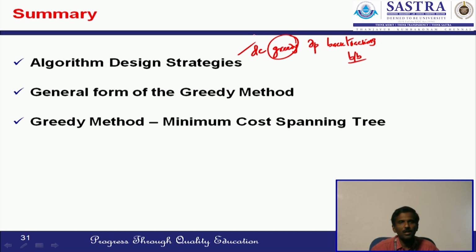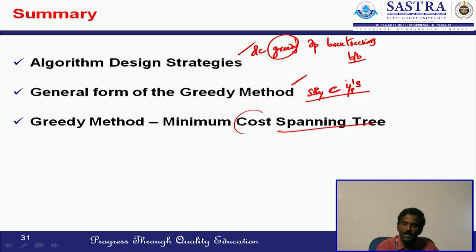We have focused on what a greedy method is, the general form of the greedy method, how the inputs are taken and processed to form the solution vector, and how the solution vector is a subset of the given inputs. And we have seen what a spanning tree is and the total cost associated with the spanning tree.